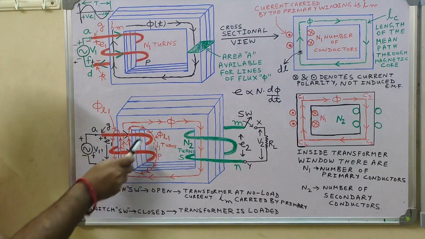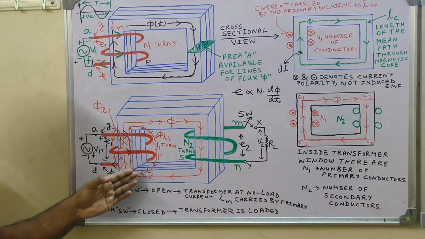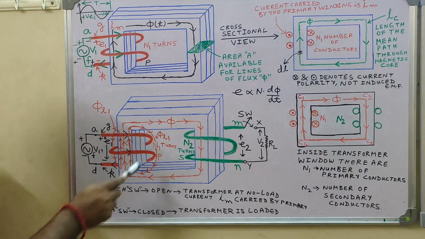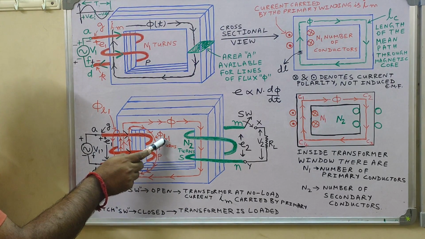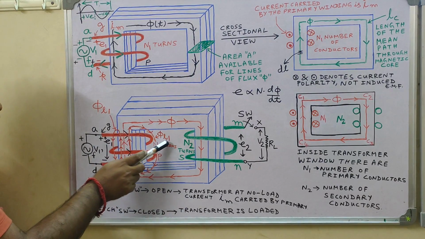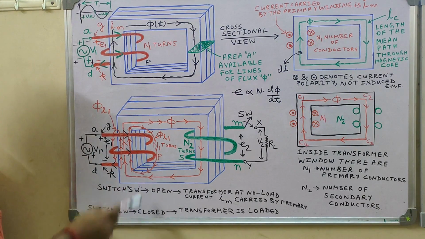So this leakage flux phi L1, we will study the effect of this leakage flux phi L1. Actually, why are we writing this 1? Here you see L is representing the fact that it is a leakage flux, so that's why L. 1 is written because it is the leakage flux which is created due to the primary coils.